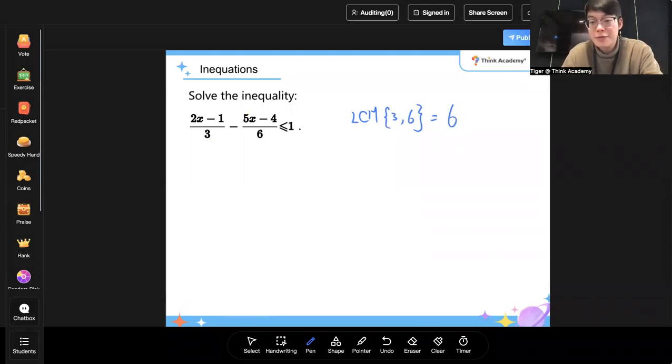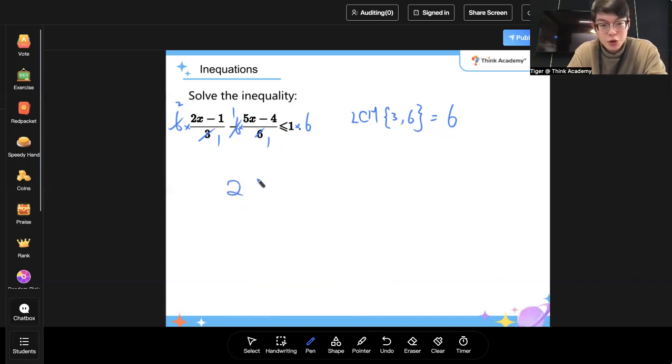Because 3 is a factor of 6. So both of them go into 6. And that's the reason why I need to multiply 6 to each and every term in this inequality, which means that 3 is going to be simplified with 6, and 6 is going to simplify with itself, get some 1s.